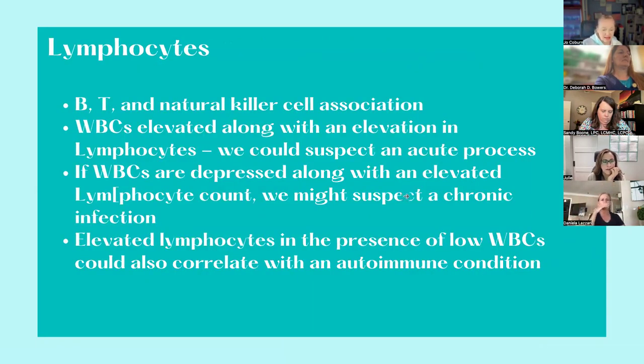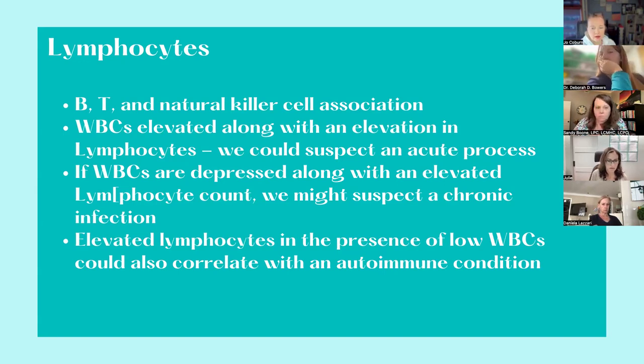So the second line of defense that we have are lymphocytes. Lymphocytes you can associate with B cells, T cells, and natural killer cells. White blood cells that are elevated, along with an elevation in lymphocytes, you can suspect that it's going to be an acute process. But if the white blood cells are depressed, along with an elevated lymphocyte count, you can suspect a chronic infection.